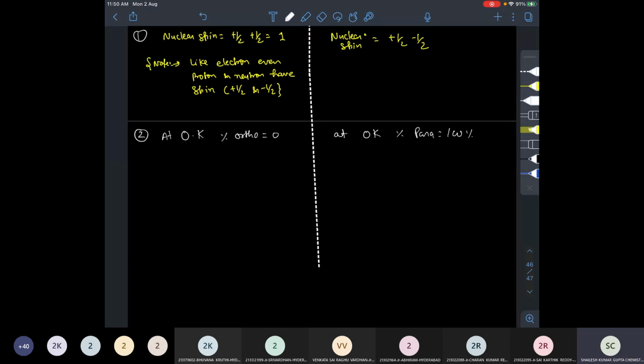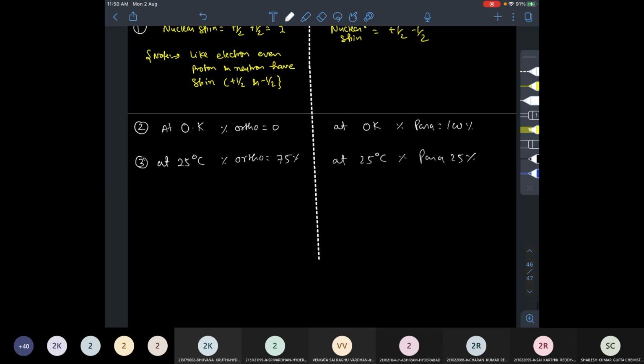At room temperature, at 25 degrees centigrade, any guess how much the percentage of ortho will be? 75%. So at 25 degrees, the percentage of para will be naturally 25%.